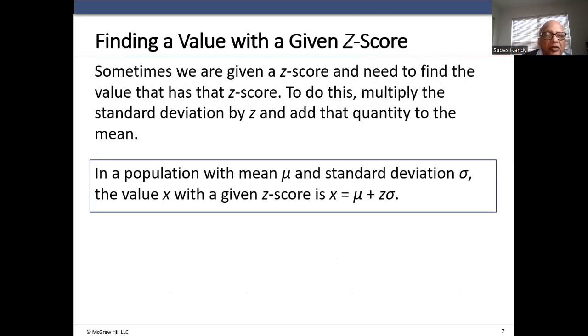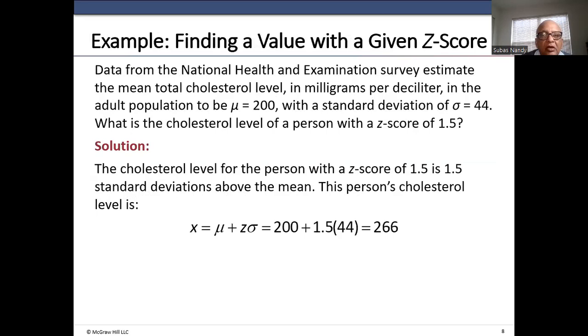Finding the value with a given Z-score: sometimes we are given Z-scores and need to find the X value. To do this, multiply the standard deviation by Z and add the quantity to the mean. Data from a National Survey estimate the mean total cholesterol level in milligrams per deciliter in the adult population: mu is 200, standard deviation sigma is 44.